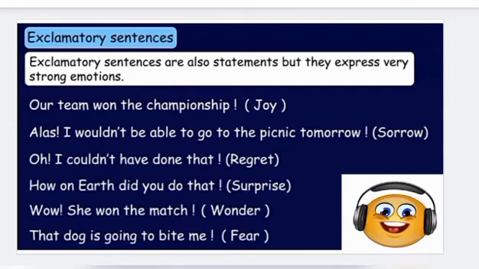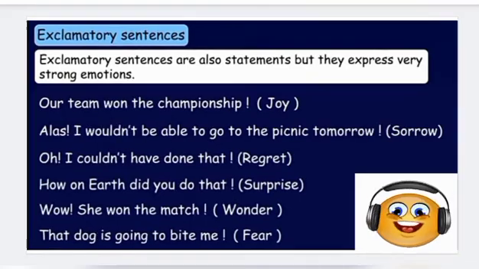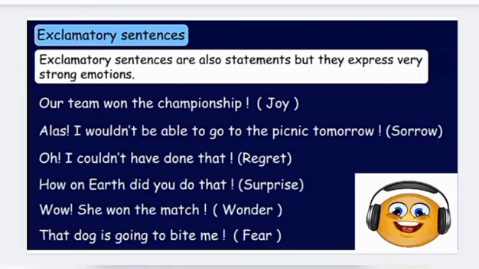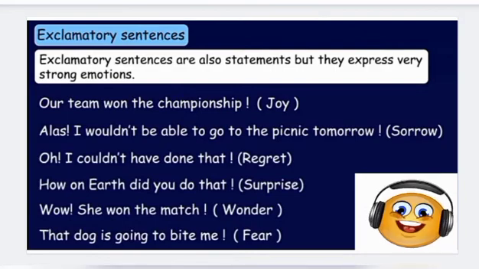Do you know what are the types of emotion, students? Yeah. The different types of emotions are joy, sorrow, regret, surprise, wonder and fear.